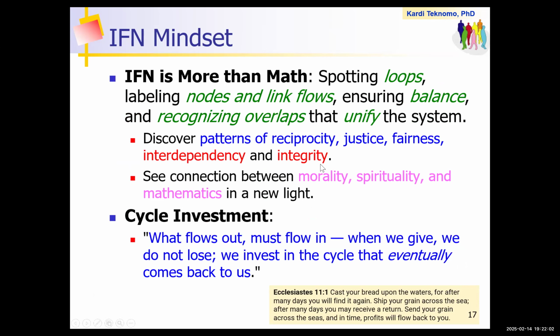Then you can discover patterns: a pattern of reciprocity, of justice, of fairness, of interdependency. Integrity, basically. Then you can start to see the connection between morality, spirituality, and mathematics, in a new way of thinking.